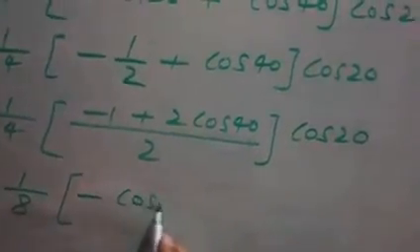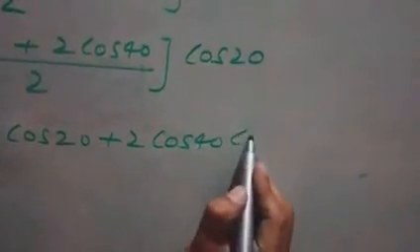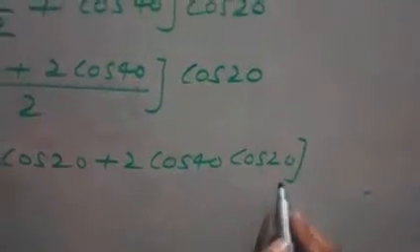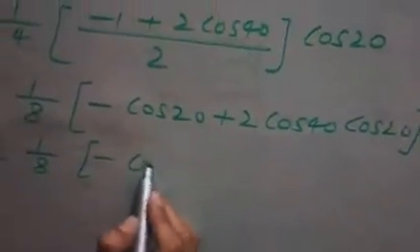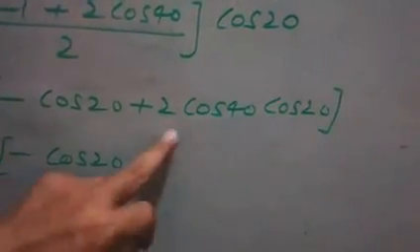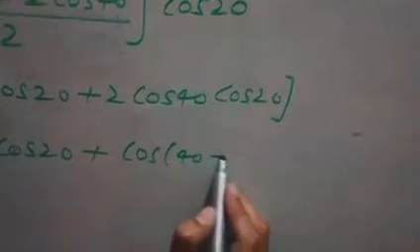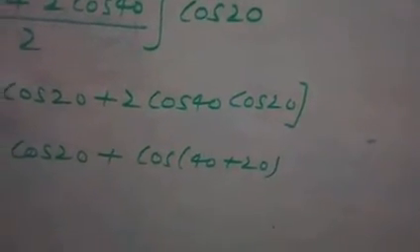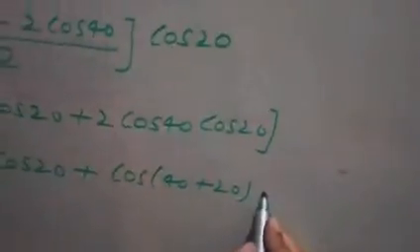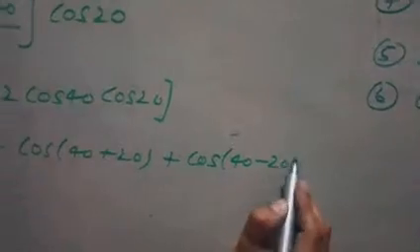Minus 1 plus 2 cos 40 and cos 20. 1 by 8, minus cos 20 plus, again we have to apply the formula 2 cos A cos B, that is cos (A plus B), meaning 40 plus 20, plus cos (A minus B), meaning 40 minus 20.